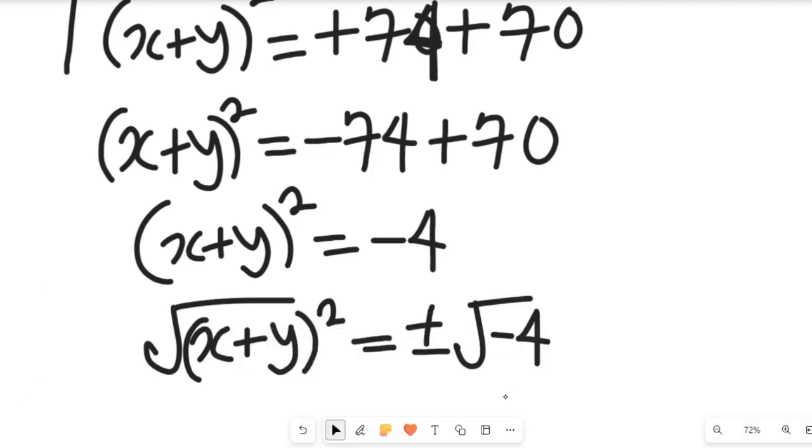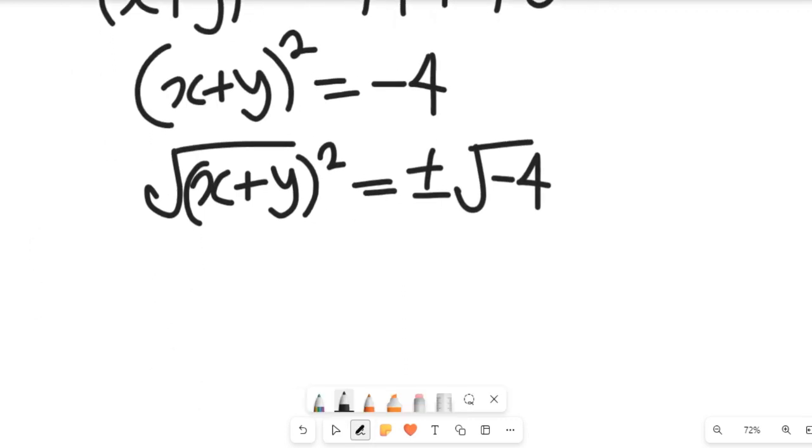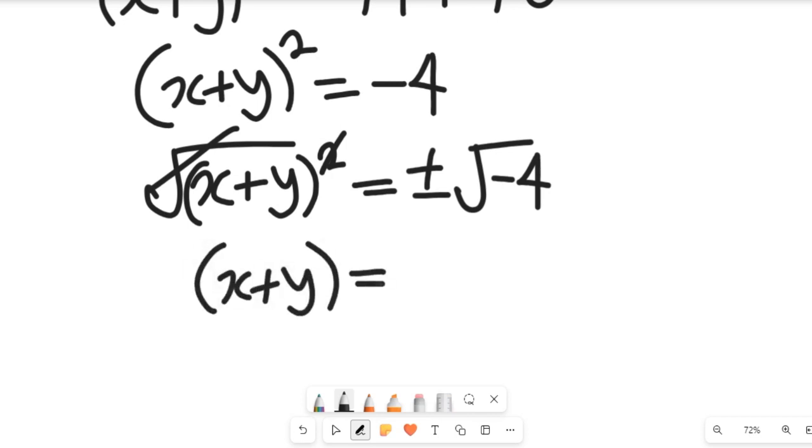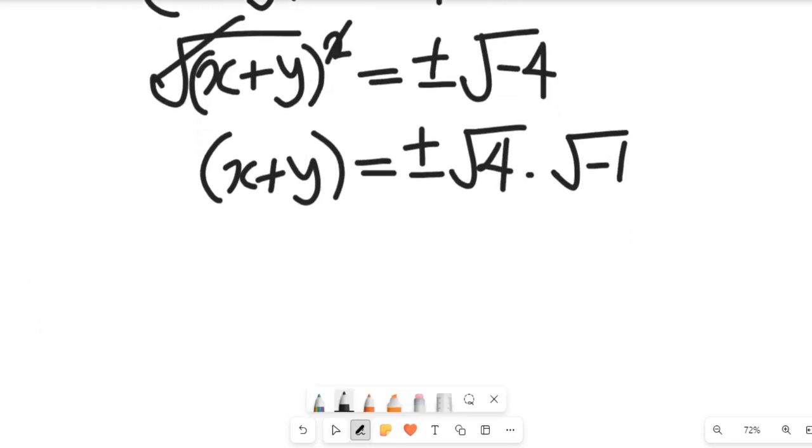And from that expression, x plus y is equal to plus or minus the square root of 4 multiplied by negative 1, square root of negative 1. And recall, from the complex number, square root of negative 1 is equal to imaginary i.